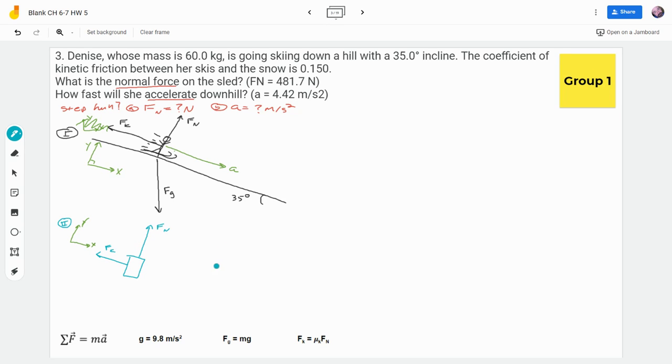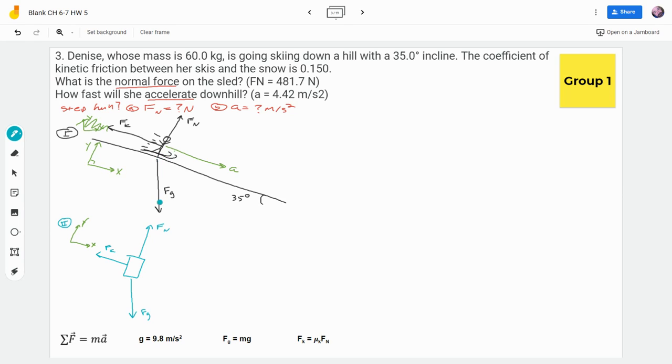So it's back like that. And F sub g, of course, is still going straight down. So in our new system, F sub g is actually the ugly vector. So we've got to figure some things out about it. I'm kind of bouncing all over the place. Here's the idea.